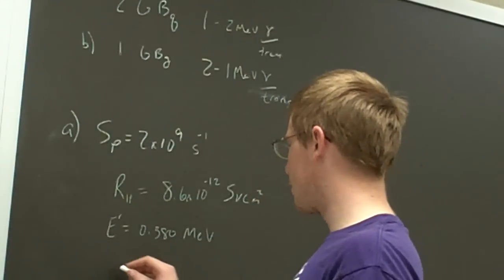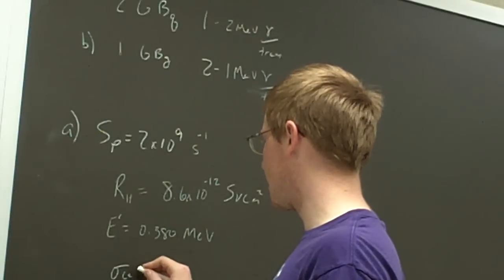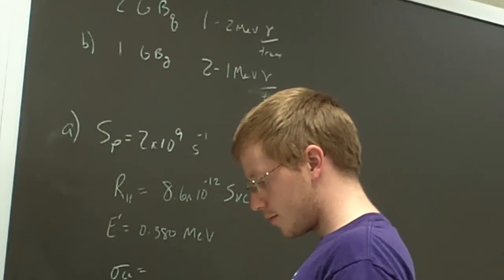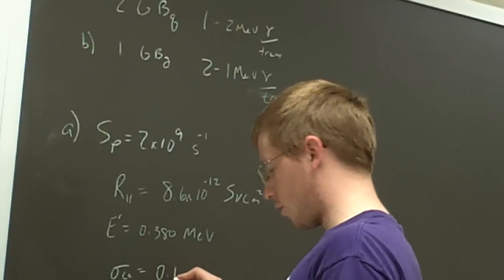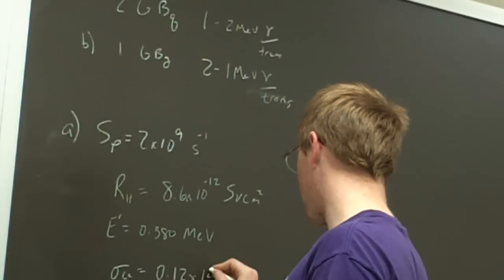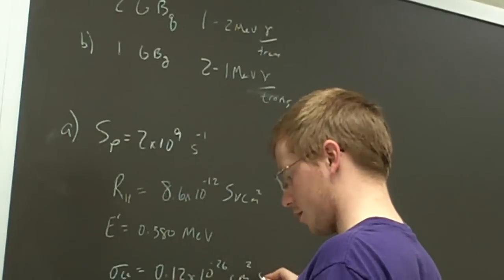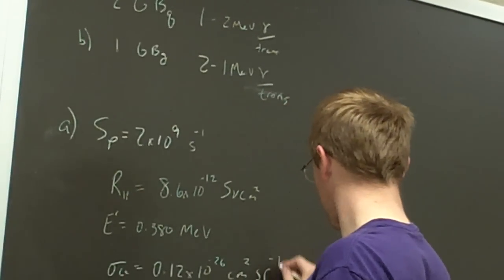You do some more calculations, you can get that sigma CE is equal to 0.12 times 10 to the negative 26 centimeters squared per steradian.